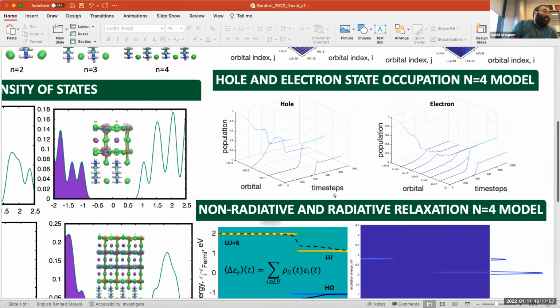So that's the occupancy of the hole. We initially excited this to HOMO -3, and this axis is time. As time goes on, it relaxes down initially to HOMO -2 and HOMO -3, which are degenerate, and then it further relaxes into HOMO -1 and HOMO, which are again degenerate, because I'm doing spin orbit coupling, so every orbital has a degeneracy.